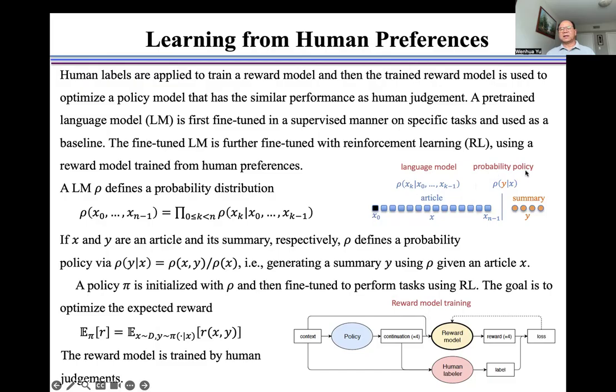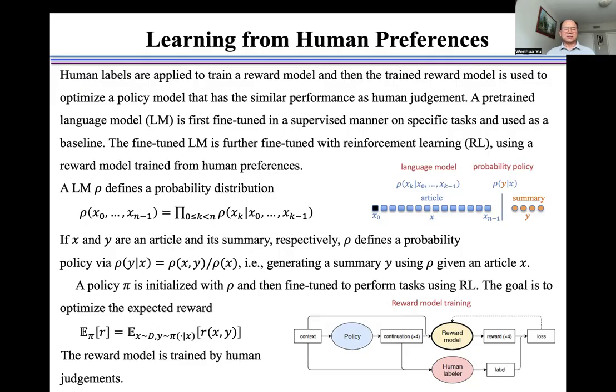This probability policy model, given the article X, predicts the probability of the summary Y. If X and Y are an article and its summary respectively, rho defines a probability policy via this formulation, namely generating a summary Y using rho given article X.